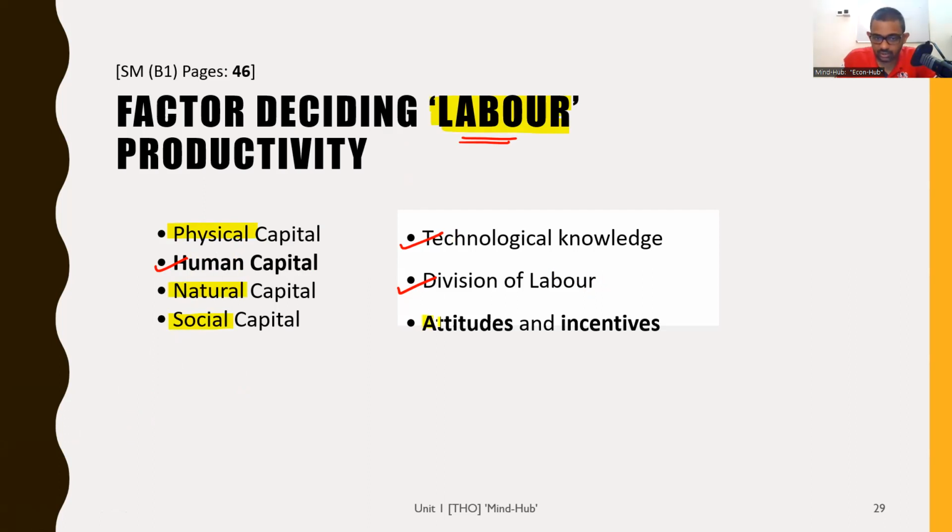Then attitudes. Machines, equipment, land doesn't have attitude. No. Incentives, things that we can use to motivate people. So these are the additional things when it comes to labor productivity: physical, natural, social capital, attitudes and incentives. Include them as well if the question is on factors deciding labor productivity.